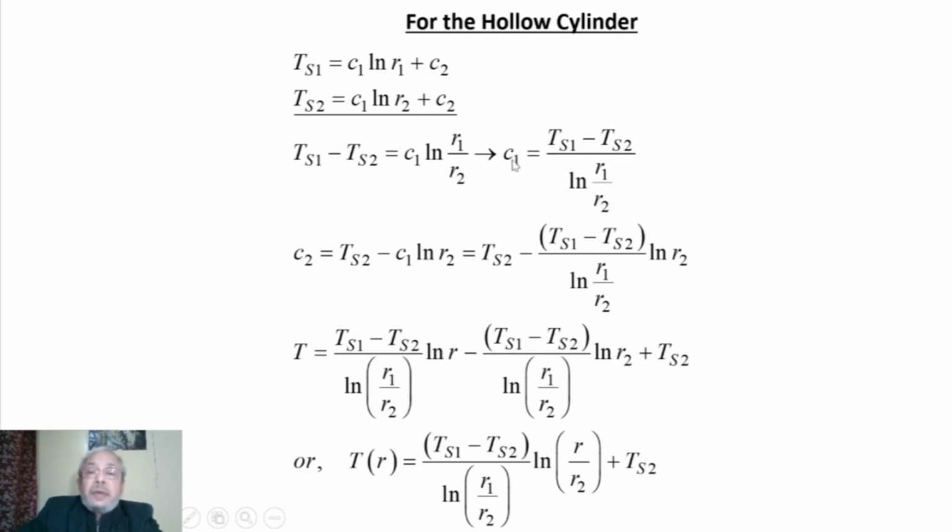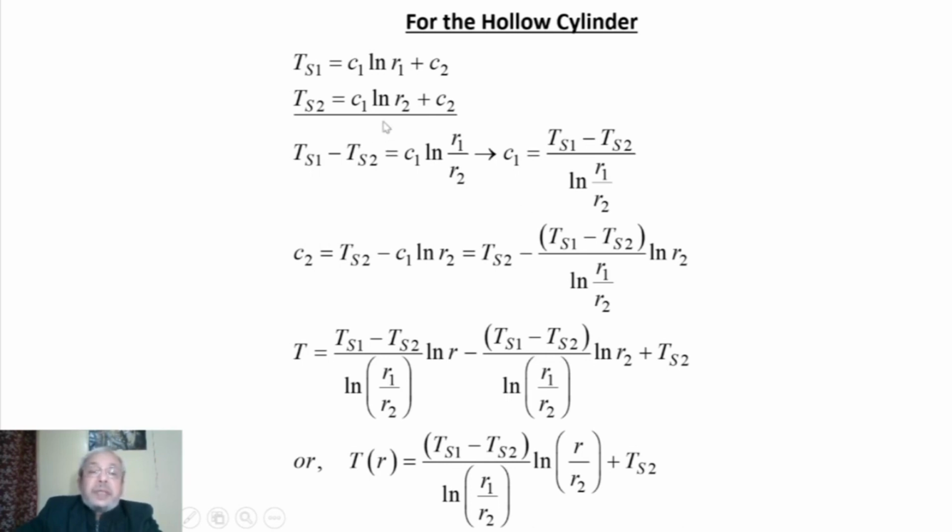Now, after having found C1, if we substitute C1 here, we will get the expression for C2. So C2 is Ts2 minus C1 ln r2, and C1 is given by this expression. And then C2 has been found out.